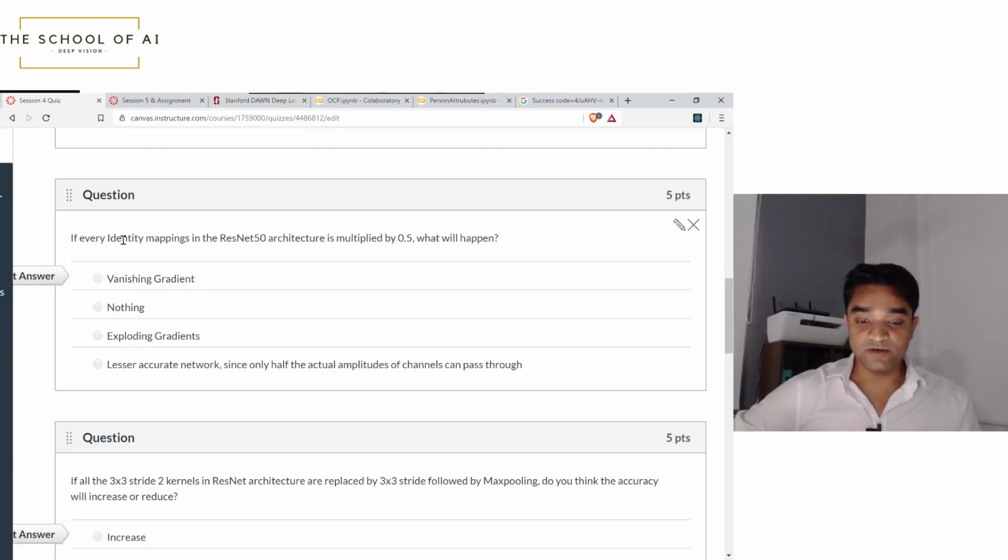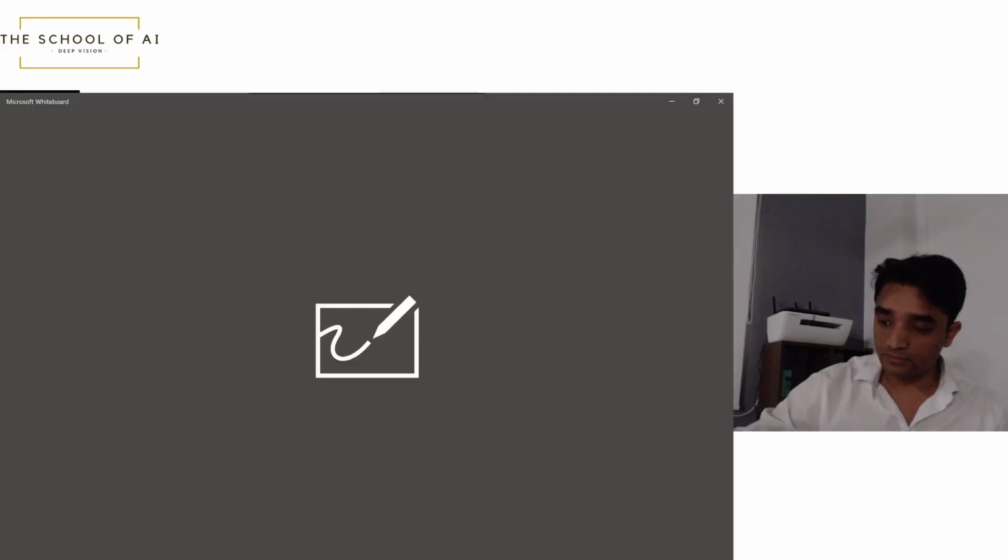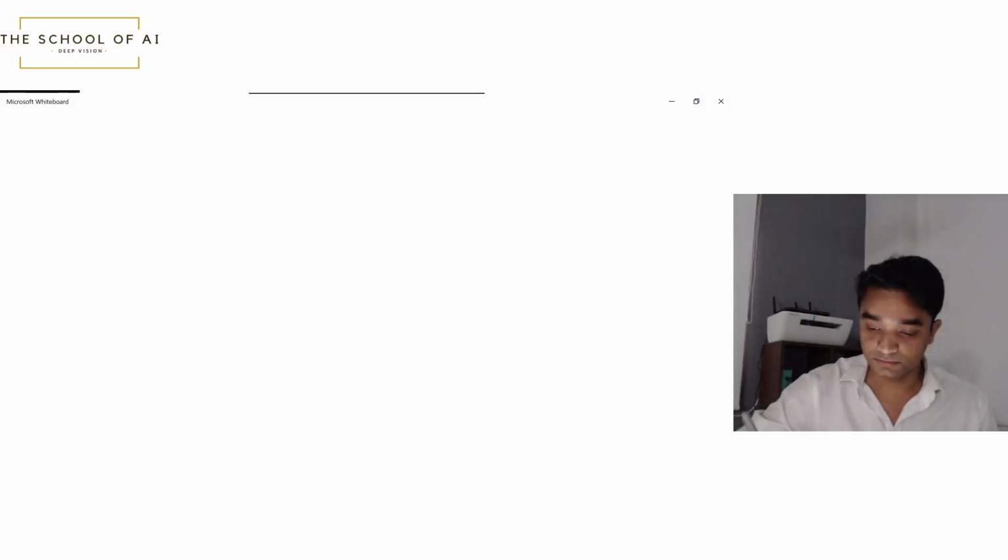Now, if every kernel mapping in the ResNet-50 architecture is multiplied by 0.5, what will happen? Now, the way we want to look at ResNet is that that's the input coming in.